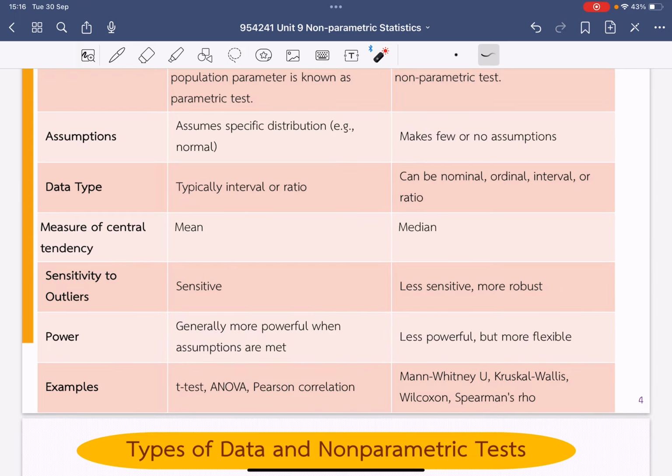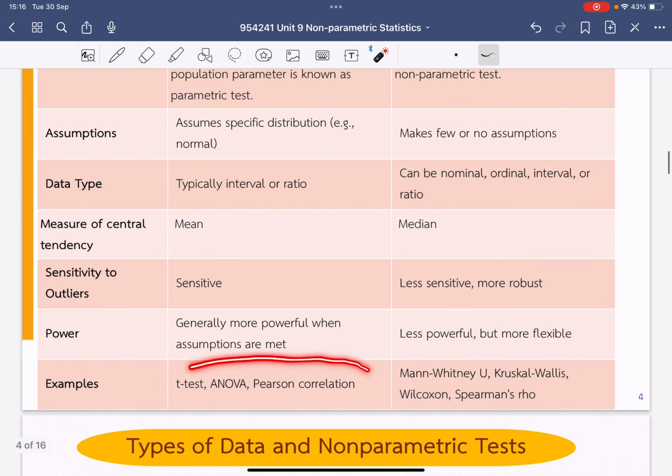All right. For example, with parametric methods, we do t-test and z-test for normal distribution. And also, we have not done this yet, ANOVA, analysis of variance. And we use Pearson correlation to compare the association of the data.